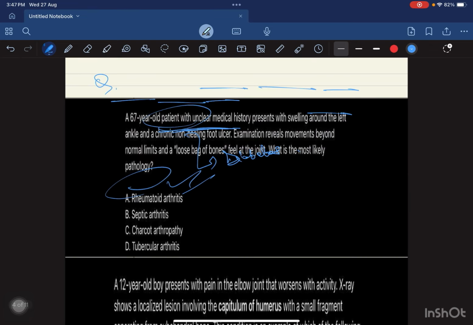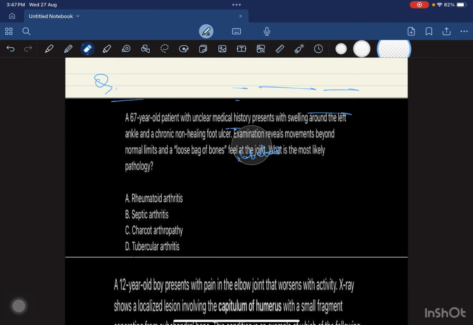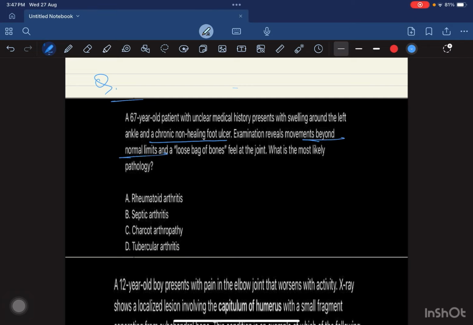The next question is saying that a 67-year-old patient with unclear medical history presents with swelling around the left ankle with a chronic non-healing foot ulcer. On examination, it reveals movements beyond the limits and a loose bag of bones is felt at the joint. What is the most likely pathology?